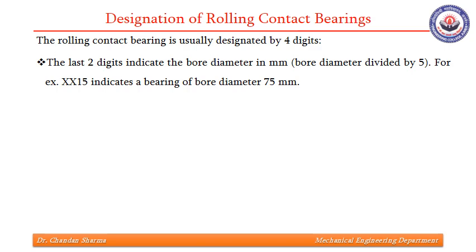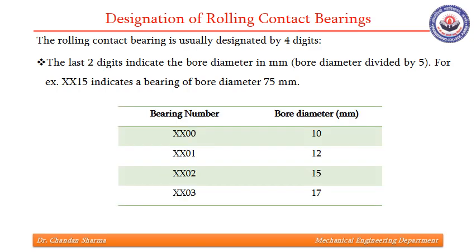Or in other words, the bore diameter of the bearing is 50 mm. That doesn't mean that if last 2 digits are 00, then it will be suitable for a shaft diameter of 0 mm. So there are 4 exceptions to it also.